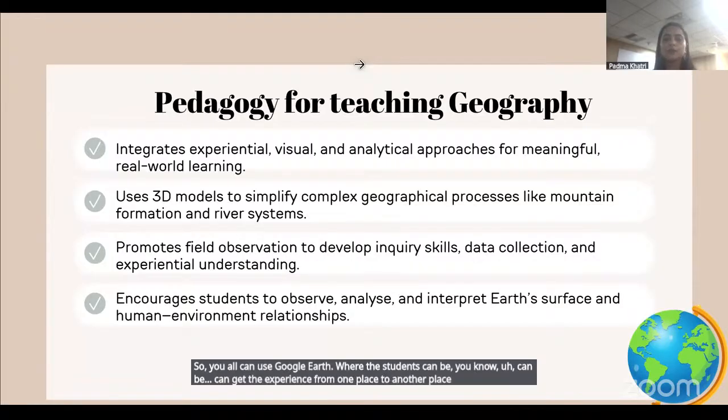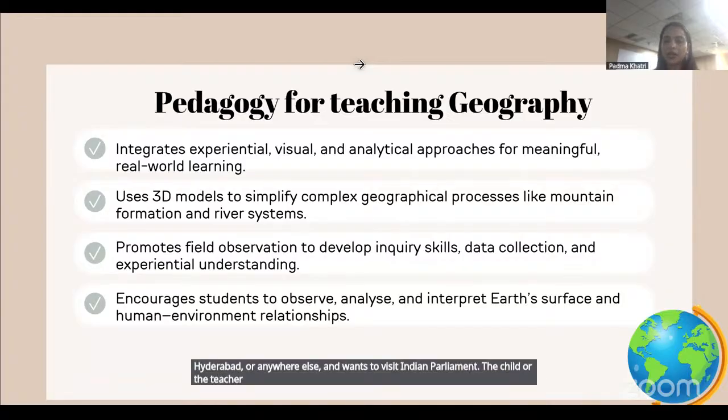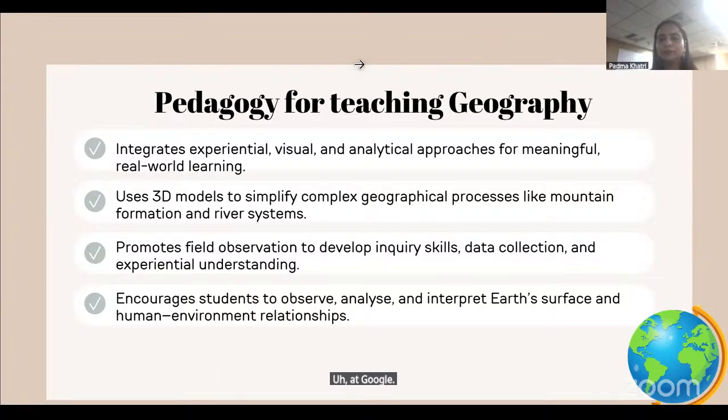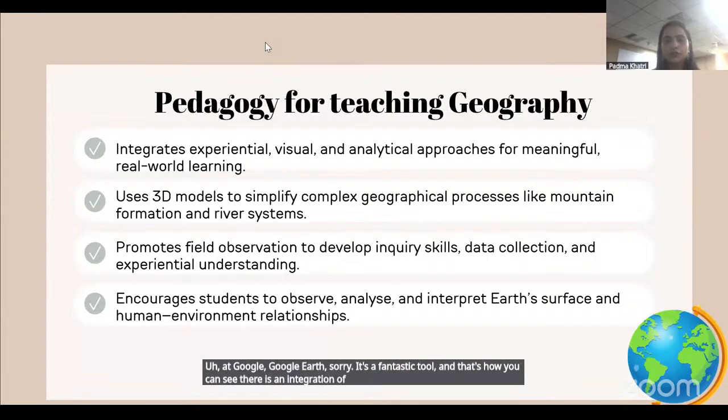Like suppose a person who is in Bangalore, Hyderabad, or anywhere else wants to visit the Indian Parliament, the child or the teacher can enter, yes, a virtual tour of that particular place, and it is very interesting. Do use Google Earth. It's a fantastic tool, and that's how you can see there is an integration of technology.